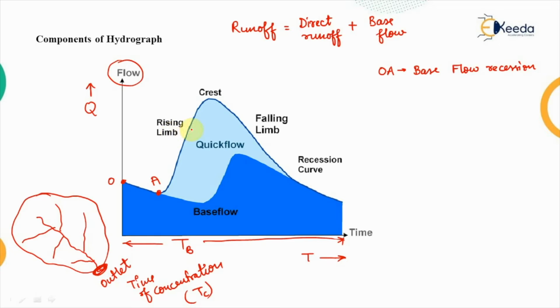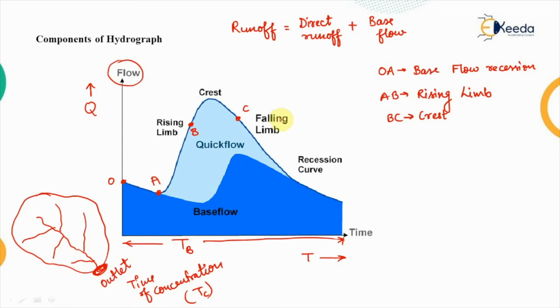The next segment, as we can see, is the rising part or the rising segment of the hydrograph. So let's say this point is B. This AB segment is known as the rising limb or the rising segment. Corresponding to this, we will mark the similar point on the other side, from which we can say that the curve has started falling, and the segment between these B and C points is known as the crest segment or the peak of the hydrograph.